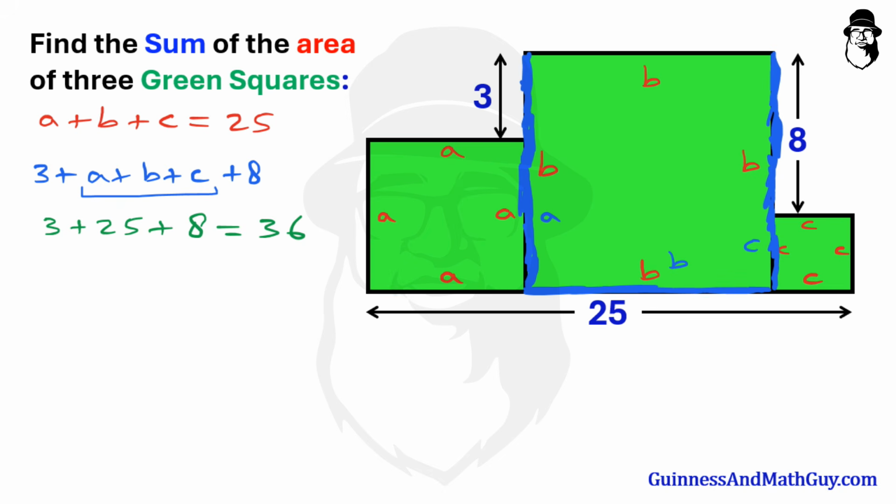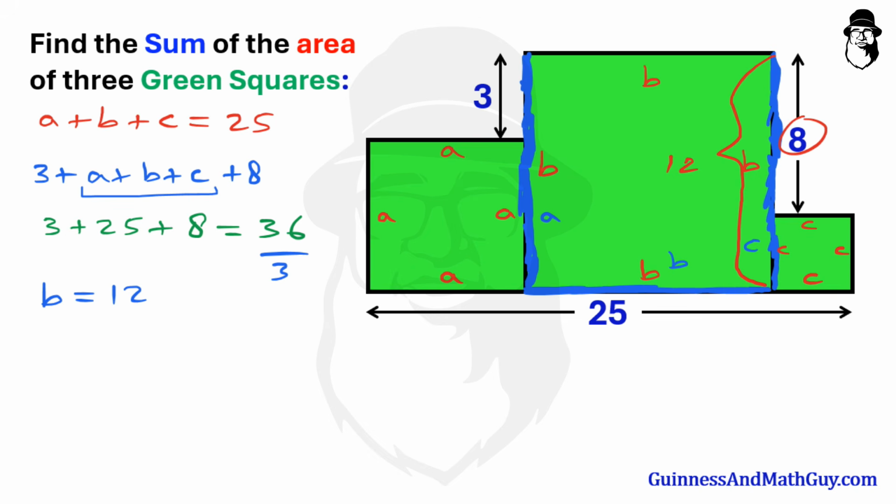We know that the three sides of a square are equal to each other. So we can divide this 36 by 3 to get each side of the bigger square, that is B, as 12. Now we know from here to here it's 12, right?